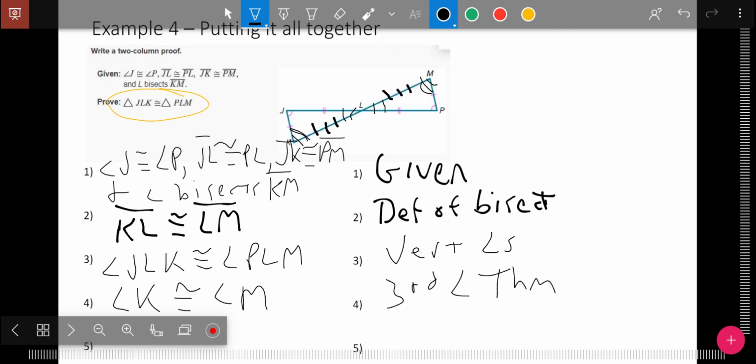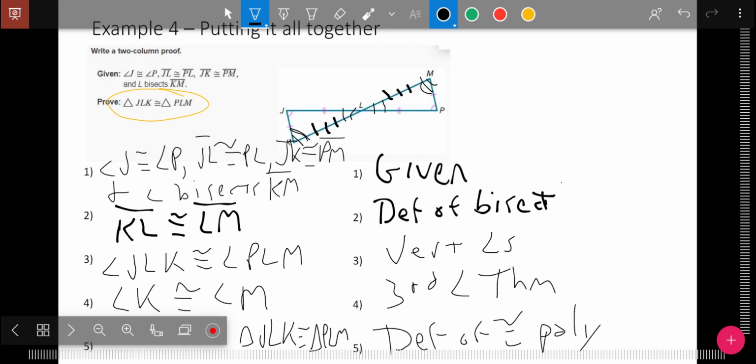And so now I can say triangle JLK is congruent to triangle PLM. All 6 parts being congruent means all the parts are congruent. I started with the definition of congruent polygons. If you said definition of congruent triangles, that would be fine. But if all the parts are congruent, then the polygons themselves are congruent.